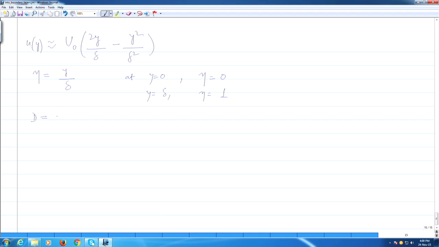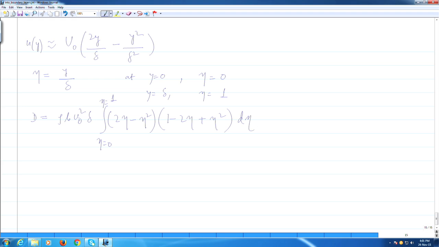I am going to replace that. So, then you get b u naught squared delta. The integral then becomes eta is equal to 0 to eta is equal to 1, and inside 2 eta minus eta squared, 1 minus 2 eta plus eta squared, d eta, right.